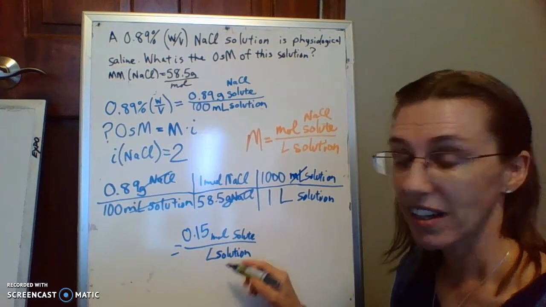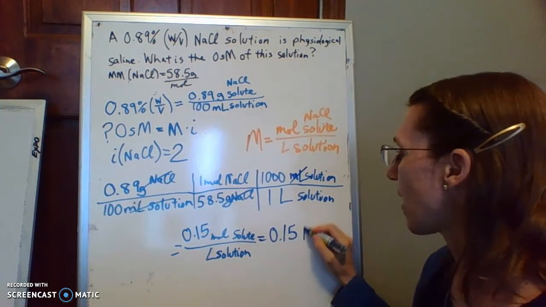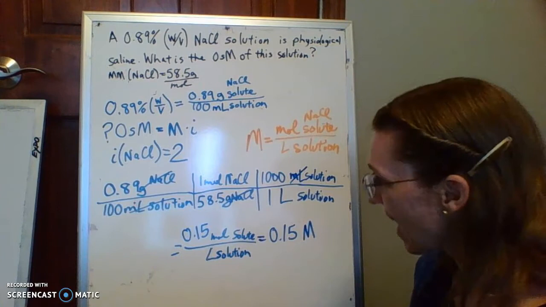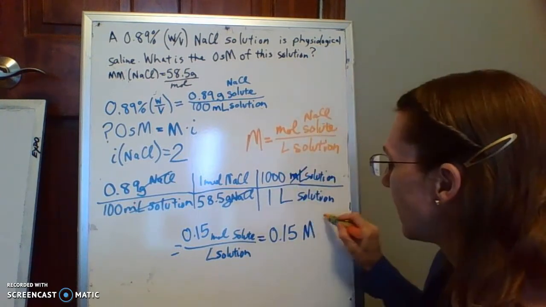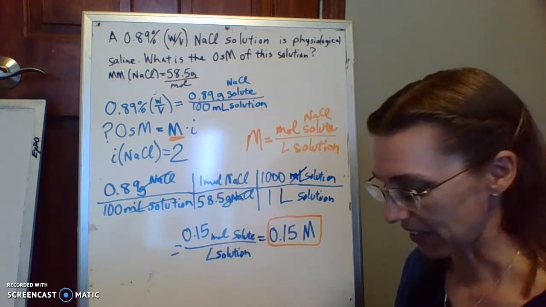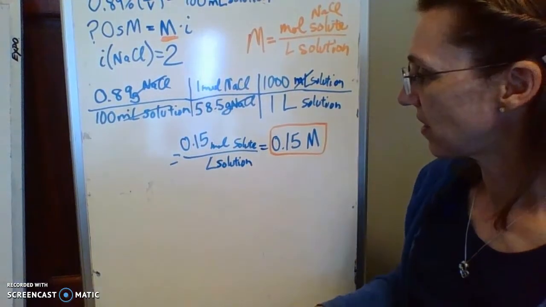Moles per liter is molarity, so this is 0.15 molar. Okay. Now we have that number that we needed for our osmolarity. Now it's a matter of calculating our final number.